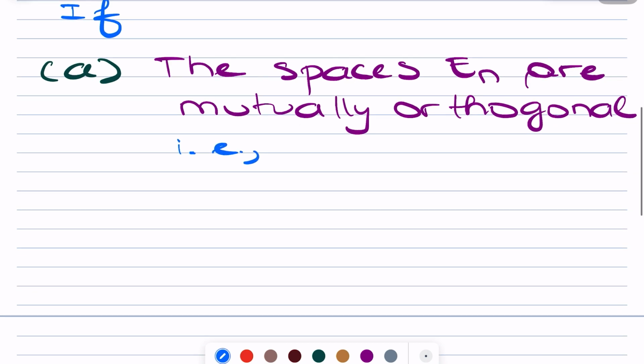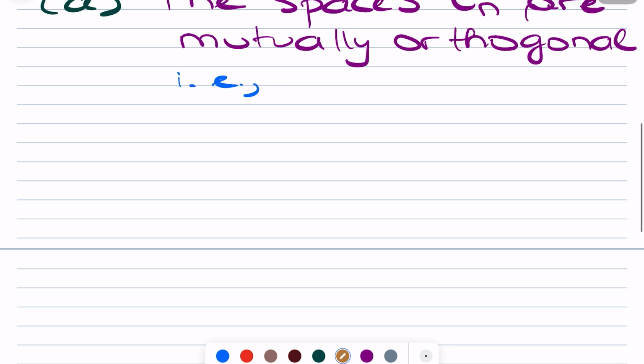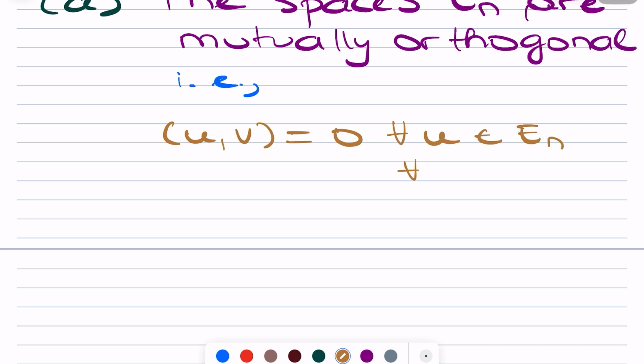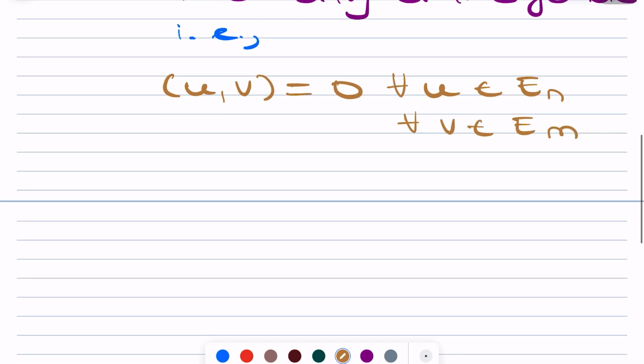So this means the scalar product of u and v is equal to 0 for every u in En and for every v in Em, right? Provided that n is different from m.